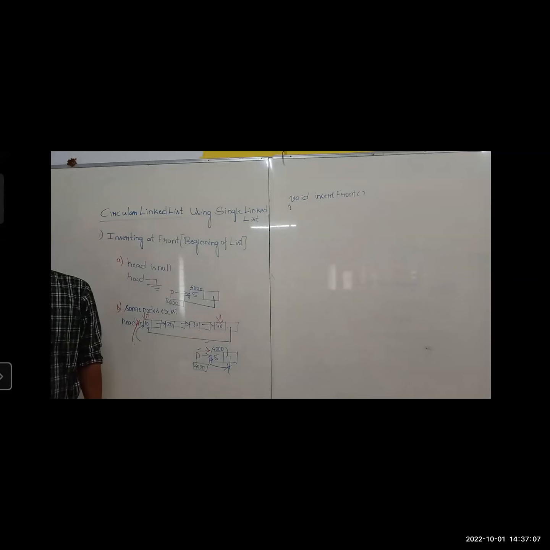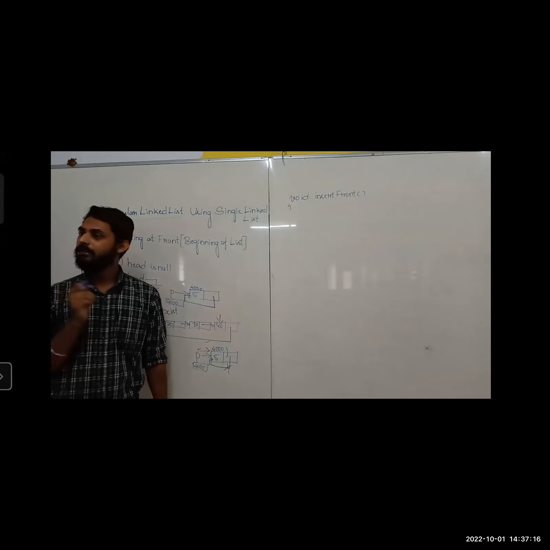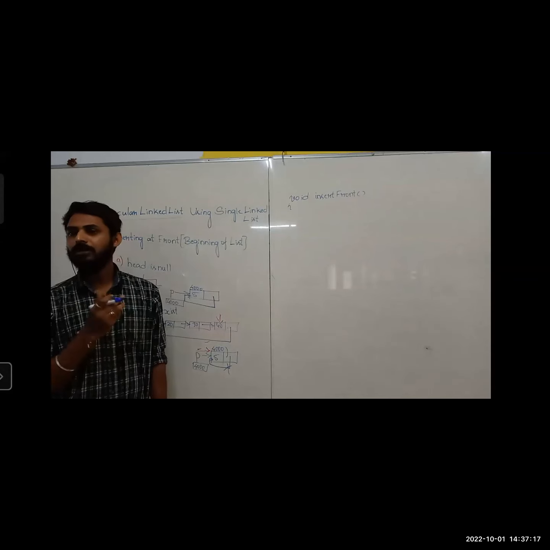But will I write insert specific and delete specific? No. Why will I not write it? The reason is whatever I have written in singly linked list, it will be the same. Because ultimately inserting and deleting in between remains the same way, because I'm not changing anything in between. For specific position, there are no changes. It remains the same logic.